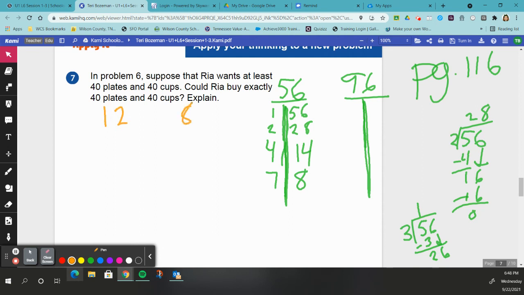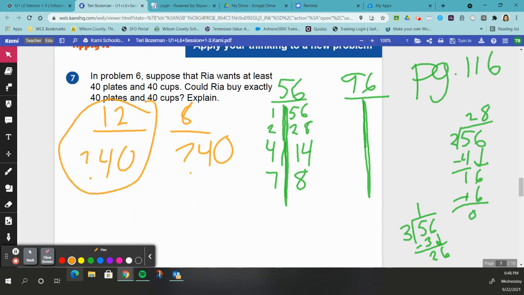If we look at our multiples of 12, well, is 40 a multiple of 12? Is 40 a multiple of 8? Yes, 40 is a multiple of 8. So she could get that with the packs of plates, but she could not get that with the cups because 40 is not a multiple of 12.